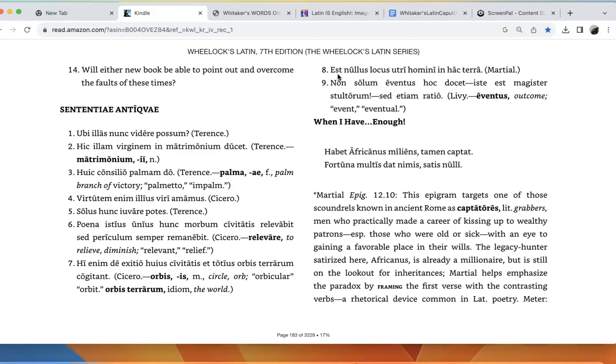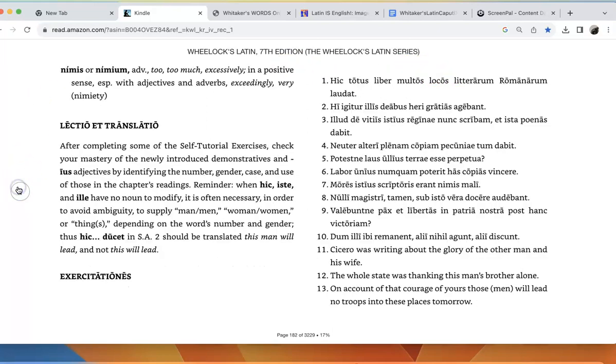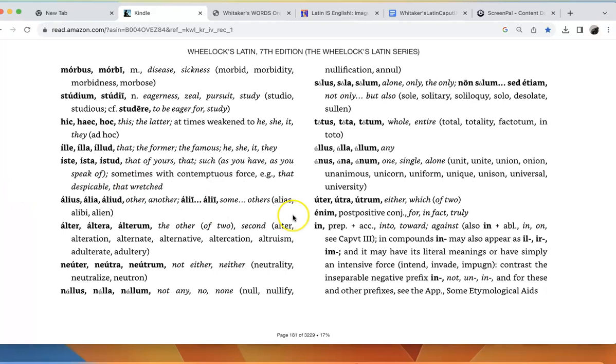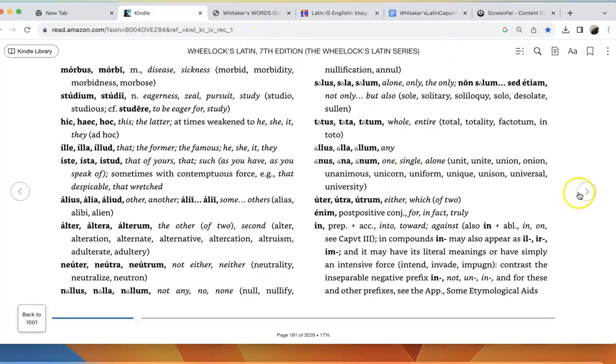So there is no place on this earth. So here we just had earth down here, or in this world. And then utri homini. The utri is one of our vocabulary words, I believe. And it means either, or which of the two. So you're going to see we have to choose it for either or which of the two.